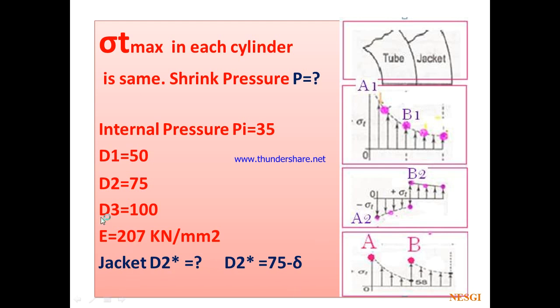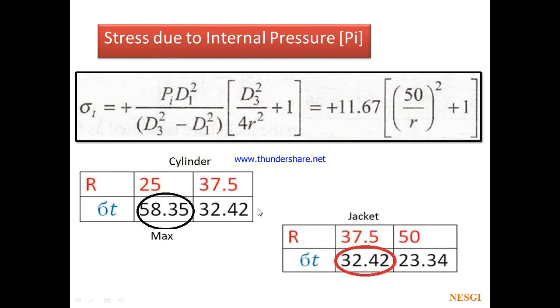And also we need to find the dimensions of the jacket. Let us solve the problem. So stress due to internal pressure is given by, sigma T, and this value is for both cylinder and jacket, means at different radius.